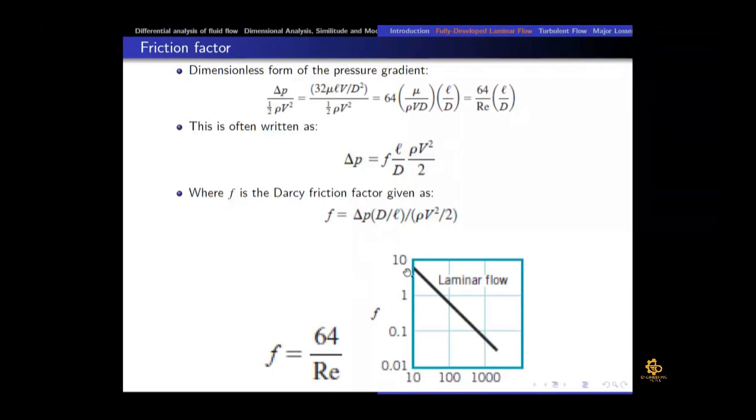If we plot it, we can see that we have an inverse linear relation between friction factor and Reynolds number. But the total drag force increases directly with the velocity, as I explained on the whiteboard.